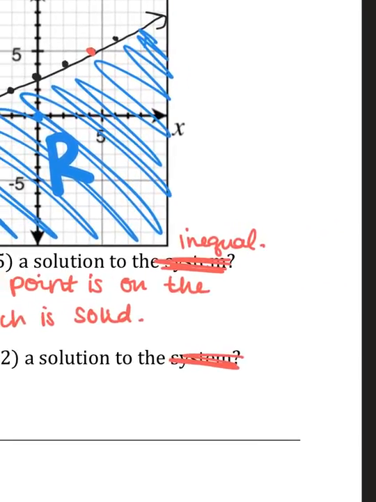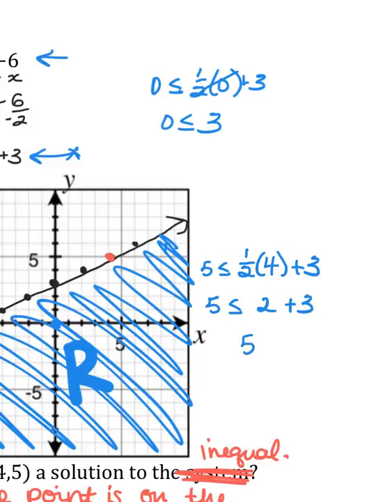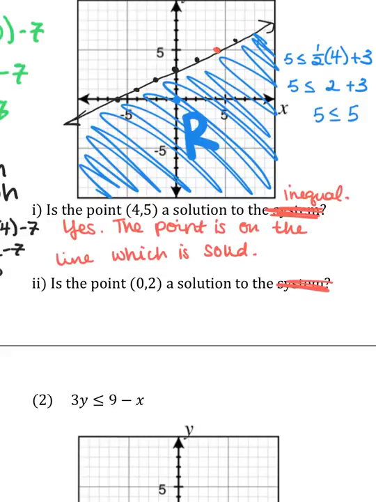Okay? So if you prefer to plug that in and check what that means, I would say 5 less than or equal to 1/2 times 4 plus 3. 5 is less than or equal to 2 plus 3. 5 is less than or equal to 5. So because I have that or equal to, that is a true inequality.